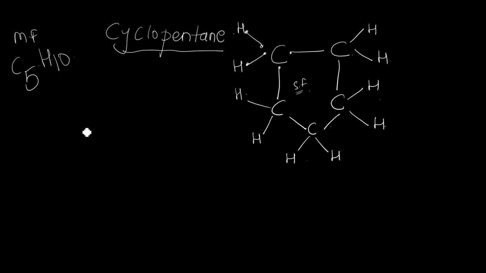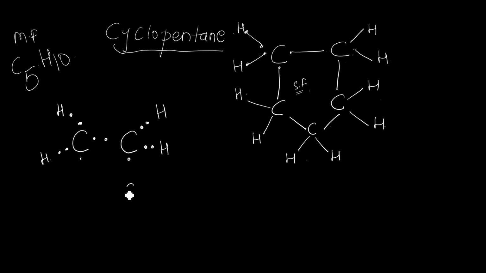Like this you can make 1 electron of carbon, then the next carbon, and so on. 1 electron of hydrogen, again 1 electron of carbon, 1 electron of hydrogen. Then again for this carbon, 1 electron of carbon, 1 electron of hydrogen, 1 electron of carbon, 1 electron of hydrogen.